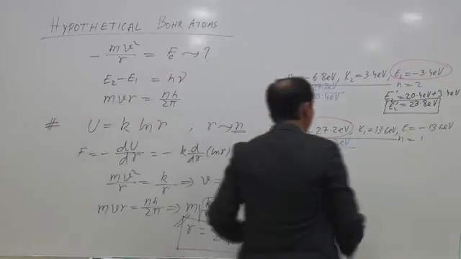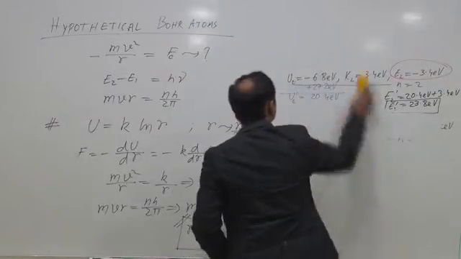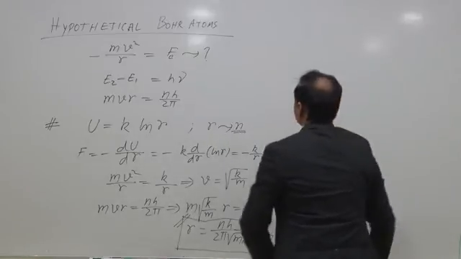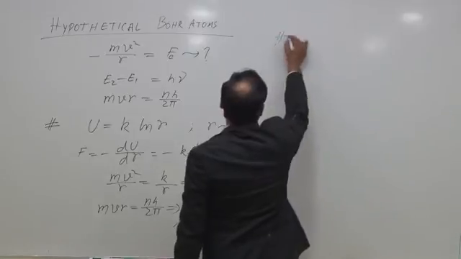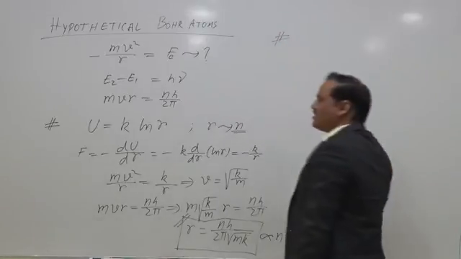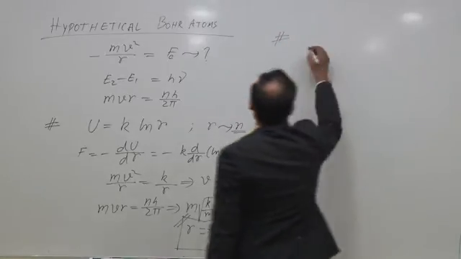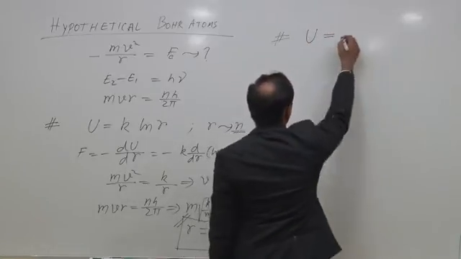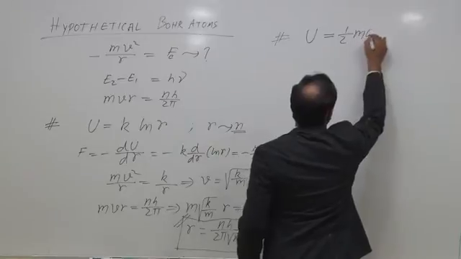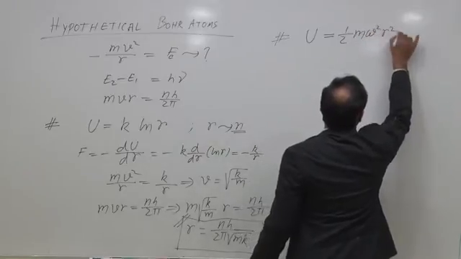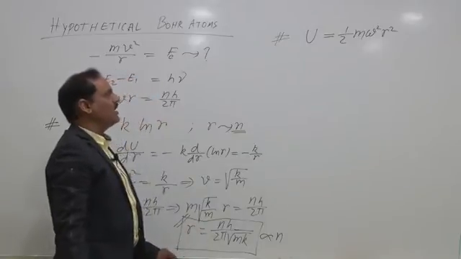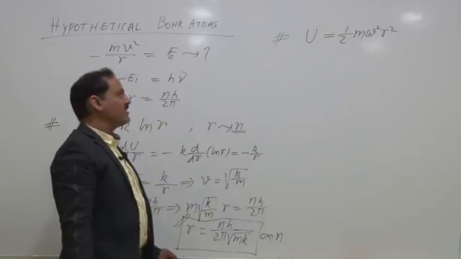Let us see another problem. The potential energy between the orbiting particle and the nucleus is given by U is equal to half m omega square r square, where mass is m, omega is angular speed, and r is the radius of orbit.